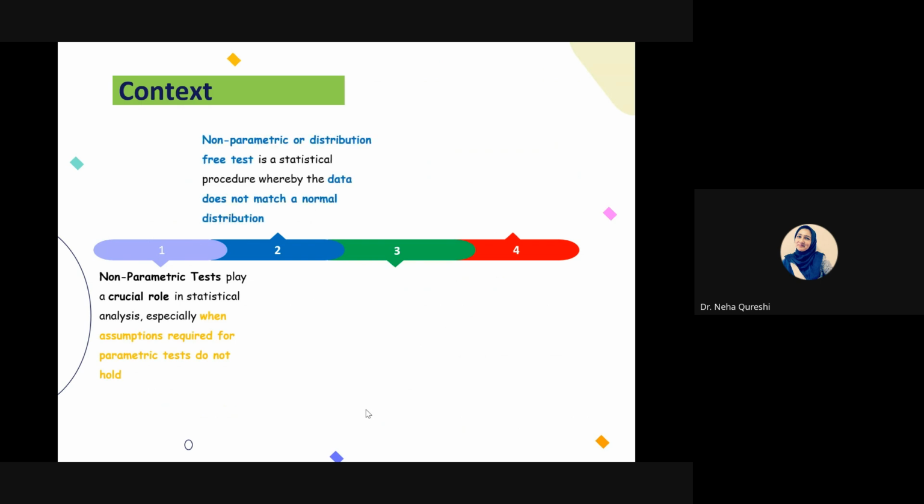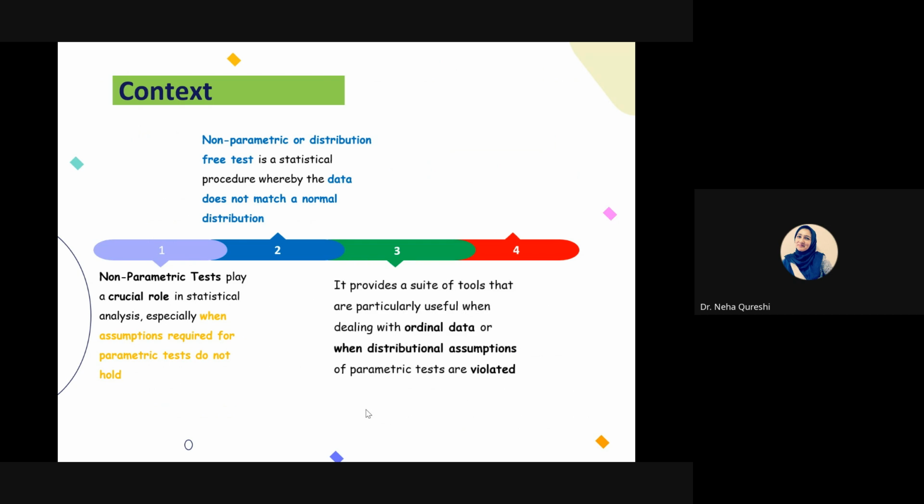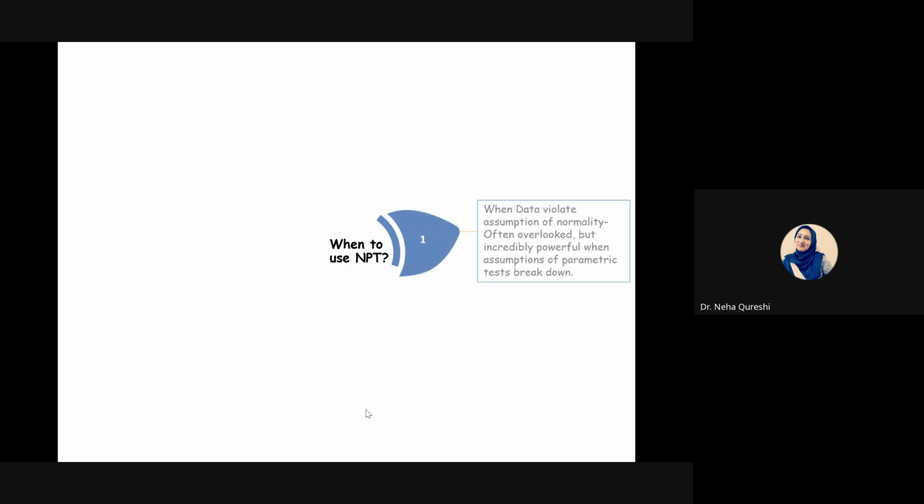As I said already, the non-parametric tests play a very crucial role, especially when assumptions for the parametric test do not hold. And of course, it is very useful when the data is on the ordinal scale and when distributional assumptions of the parametric tests are violated, and they do not assume a specific data distribution. So when to use a non-parametric test?